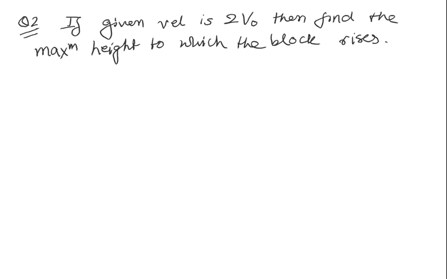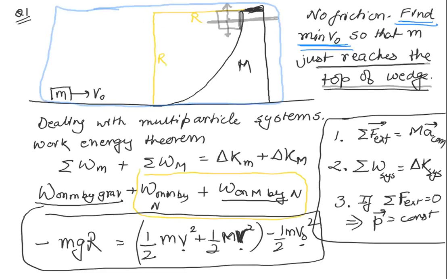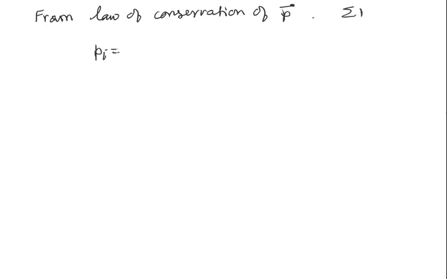I hope everybody has got the answer for the first part. So from the law of conservation of momentum, we will get: first, summation of F external along the x-axis is equal to 0, since there is no friction.